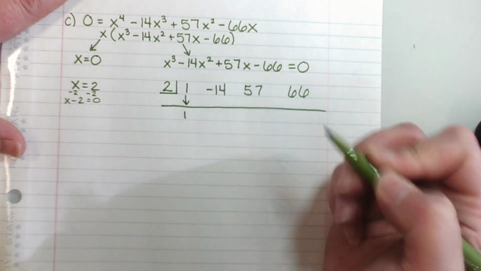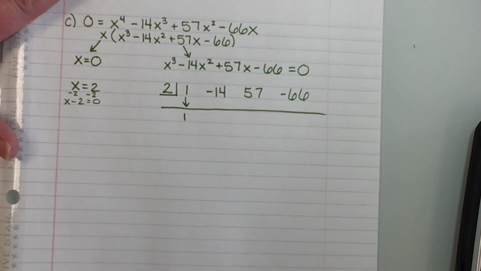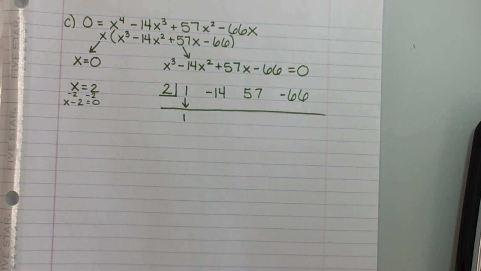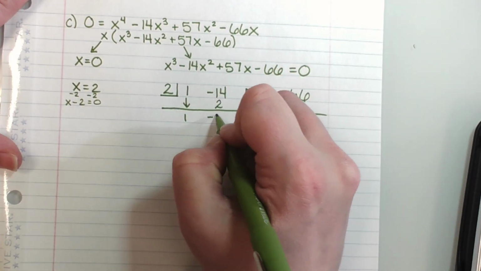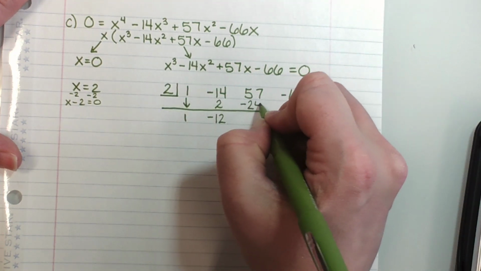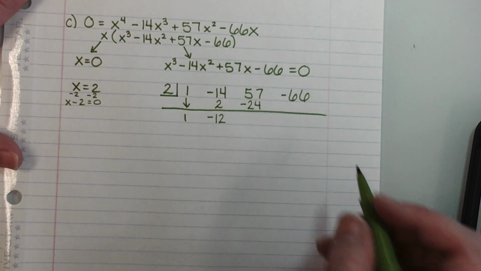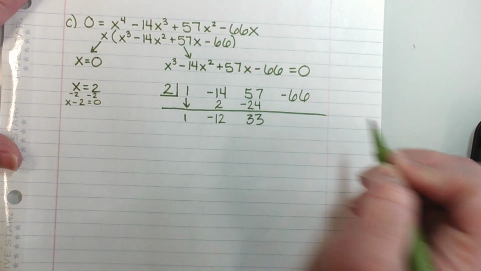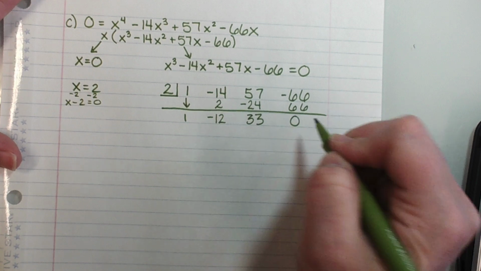Bring down the first one. 2 times 1 is 2, add, and we get negative 12. 2 times negative 12 is negative 24. When I add these two, what do I get? 33. 2 times 33 is 66. Add them, and I get 0.